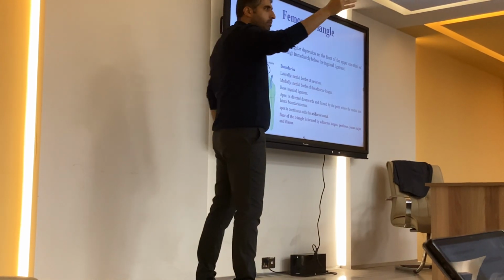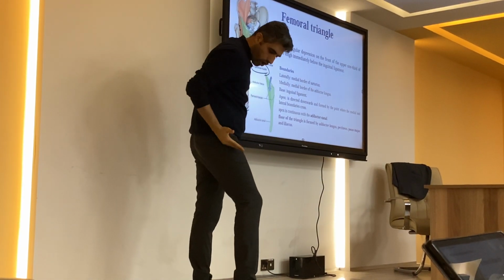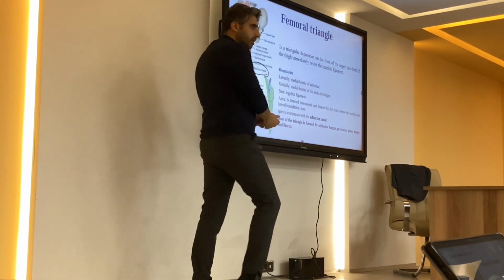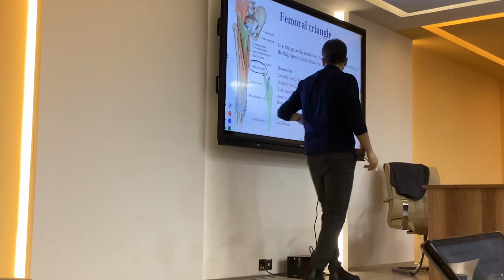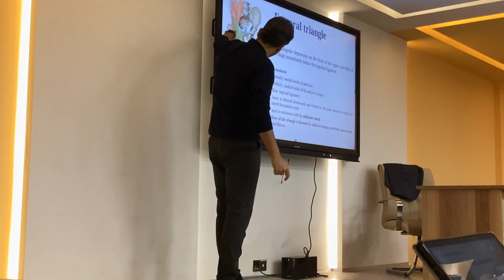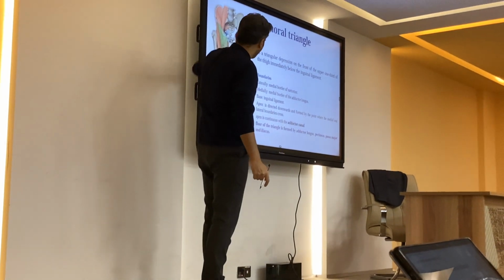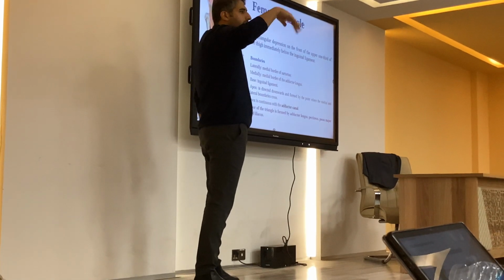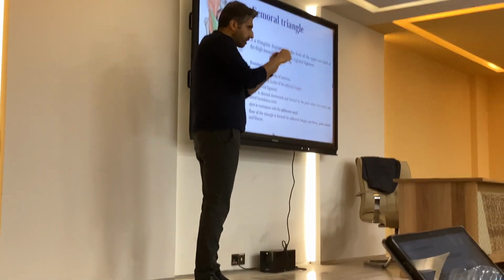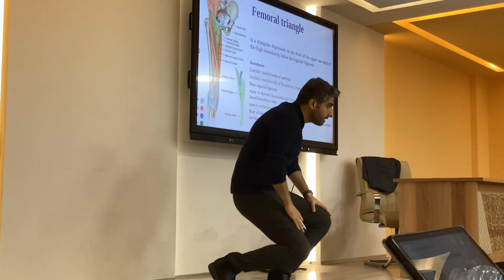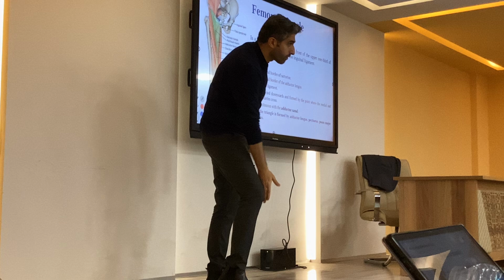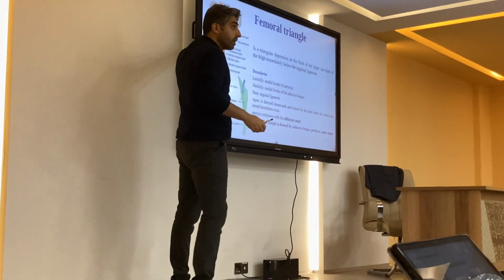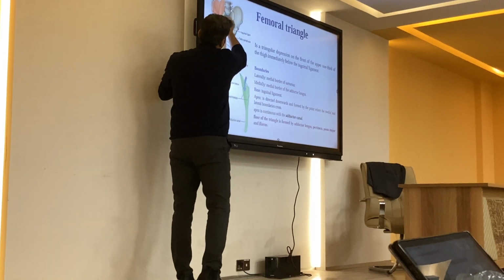In a bodybuilder you can see a long muscle here, going from upper lateral to lower medial. This is the sartorius. Sartorius means tailor. Why this name? Because in the past, when tailors were fixing clothes, they sat like this, and this muscle was very obvious. So the sartorius is the lateral side of the triangle.